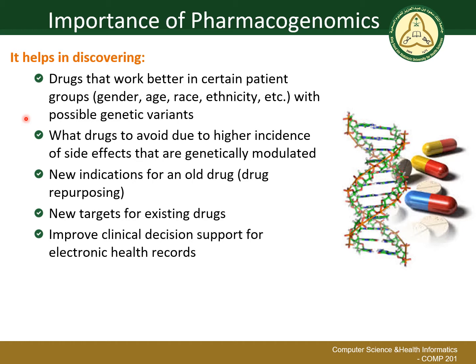And as a result, the thiopurines will elevate to toxic levels in the patient's body because their genes are not able to produce this enzyme or protein, which can help them to break down the drug and flush it out. So this is one example that shows you how drugs can work differently in certain patient groups.